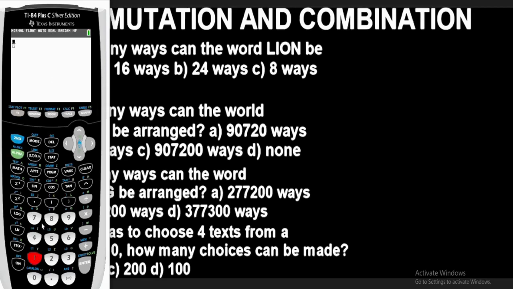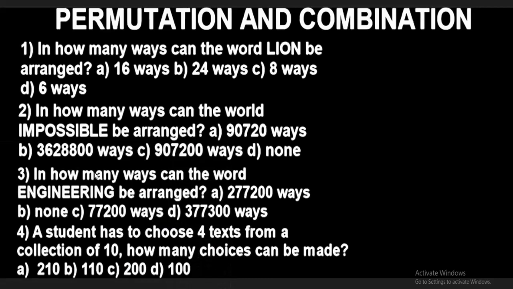The word IMPOSSIBLE is made up of 10 letters, so we have 10 factorial. Press alpha, this window button for factorial, which is 9, over. In the word IMPOSSIBLE, we're having duplication of letters.